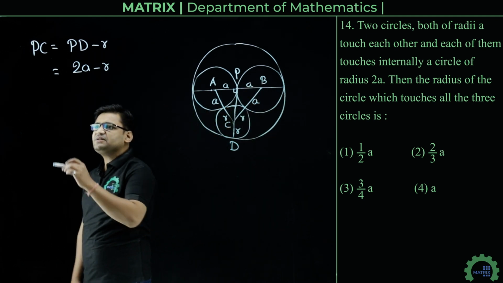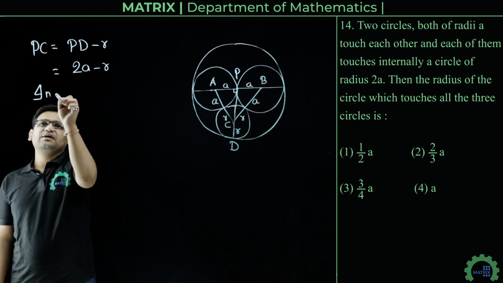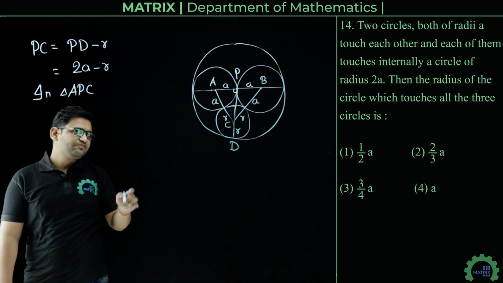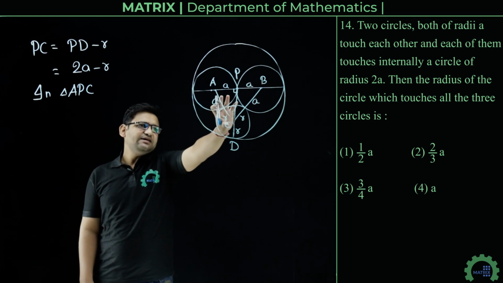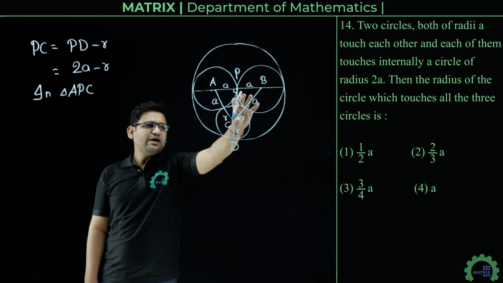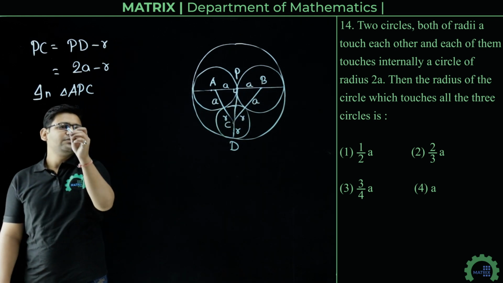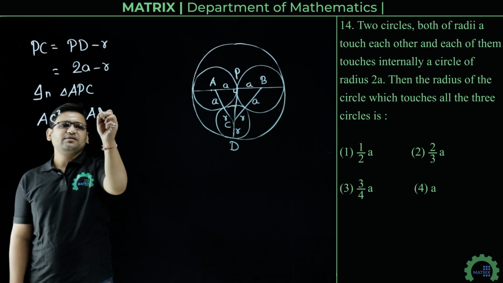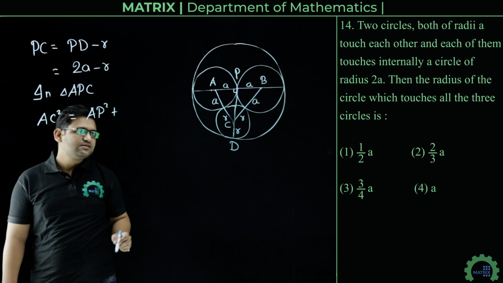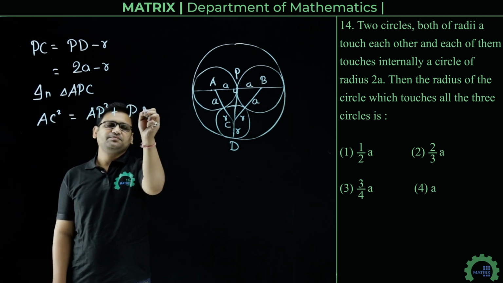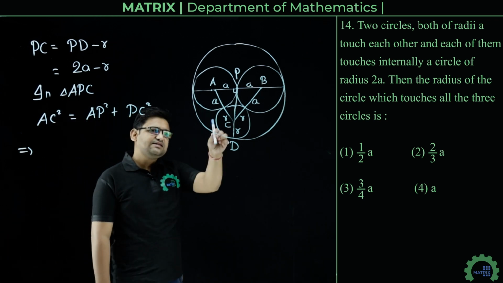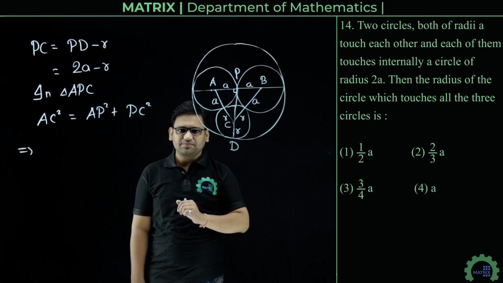So in right triangle APC, we can write that AC square will be equal to AP square plus PC square. Here the length AC is a plus r.